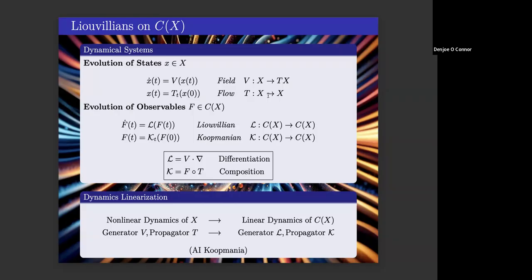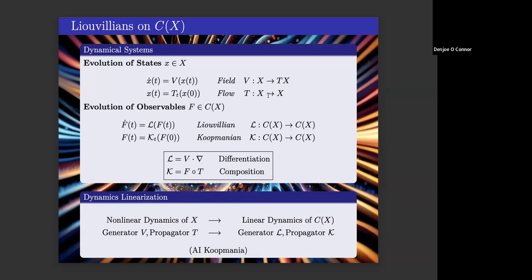And the observables now are functions of this. And their evolution is given by the Liouvillian. So this takes continuous functions on the state space of the dynamical system again to continuous functions. And if you integrate it, it gives you also an operator, which we will call the Koopmanian. And those two are now very important for our further discussions.